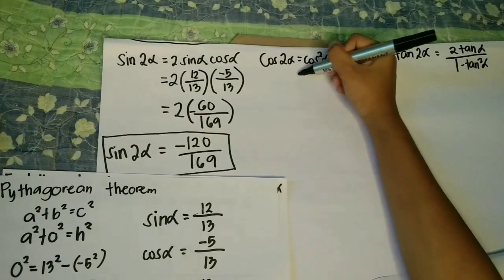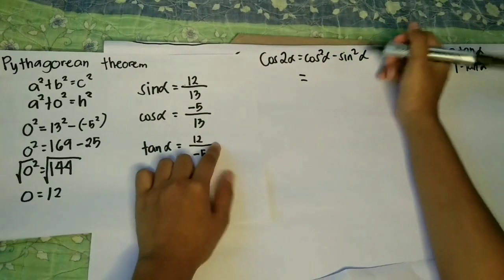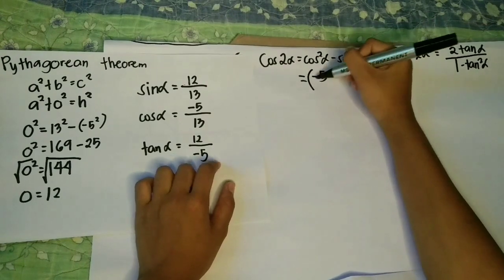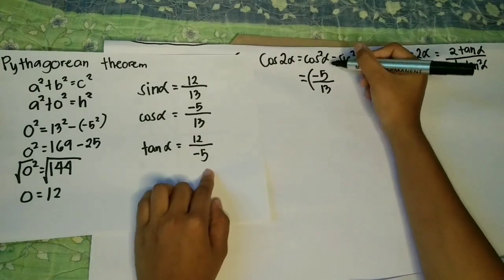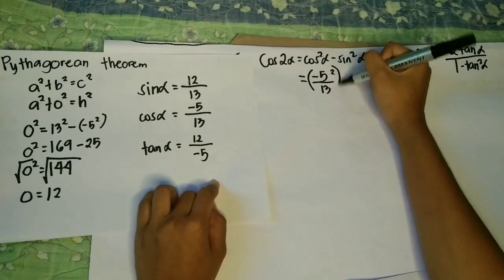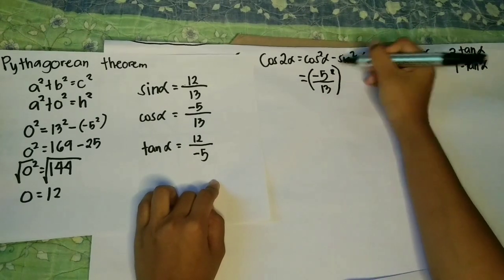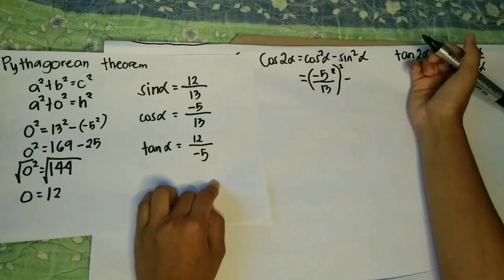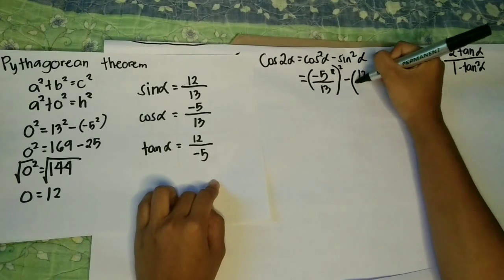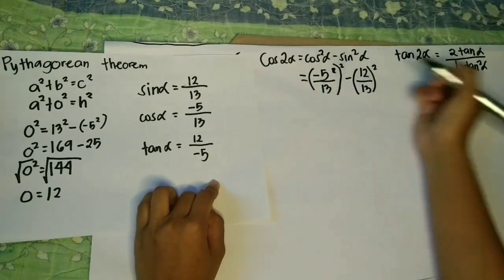So for the cosine, the cosine alpha here is negative 5 over 13. So we need negative 5 over 13 squared, minus sine squared alpha. The sine alpha here is 12 over 13, squared.